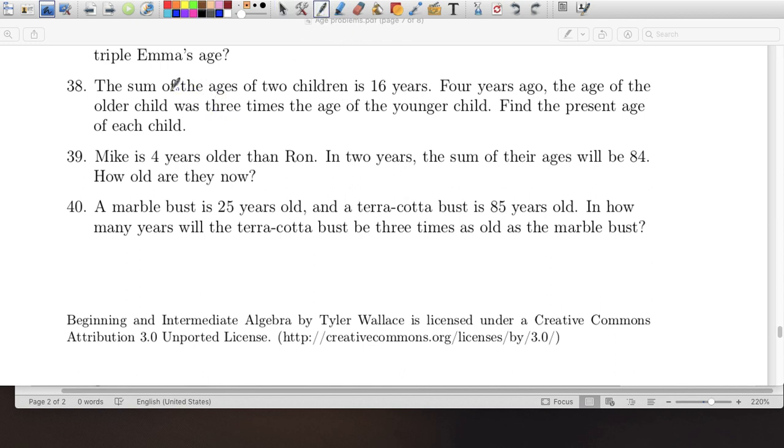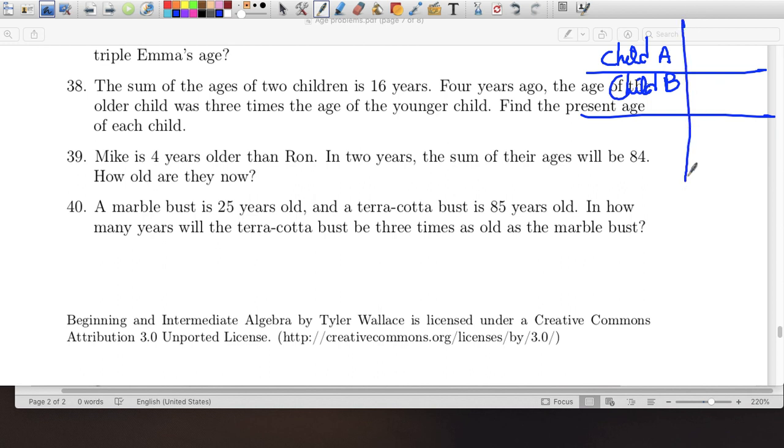The sum of the ages of two children is 16. So we've got child A and child B. The sum of their ages is 16. If I call this one x, the other one is going to be 16 minus x.